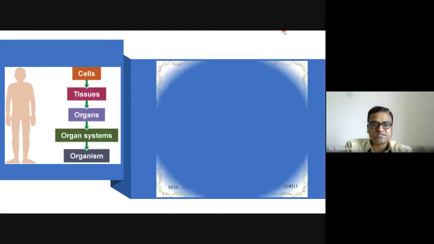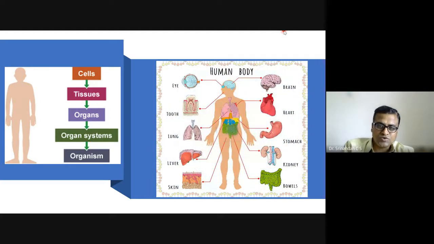But before going to that, some of the basic things you all know is we are multicellular. There are around 10 trillion cells on average. These cells differentiate.